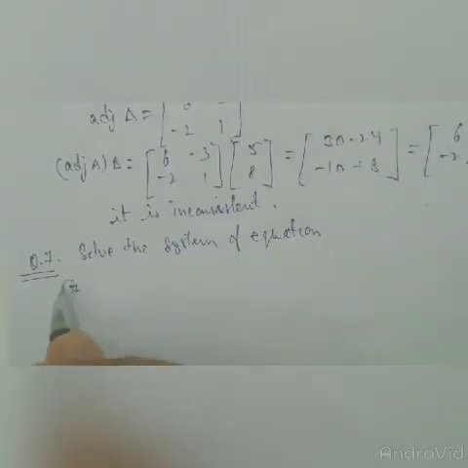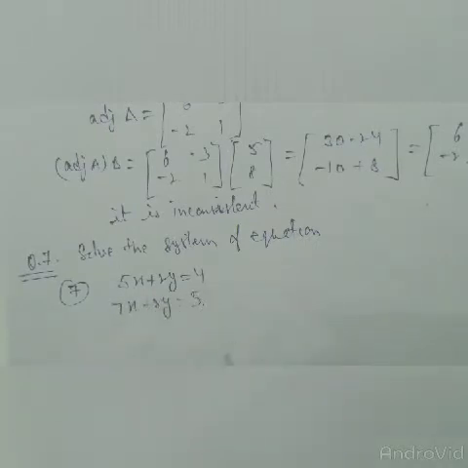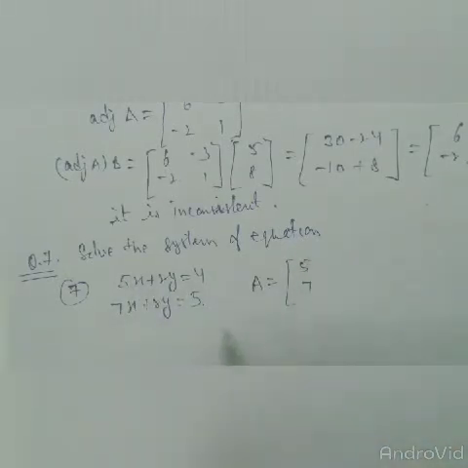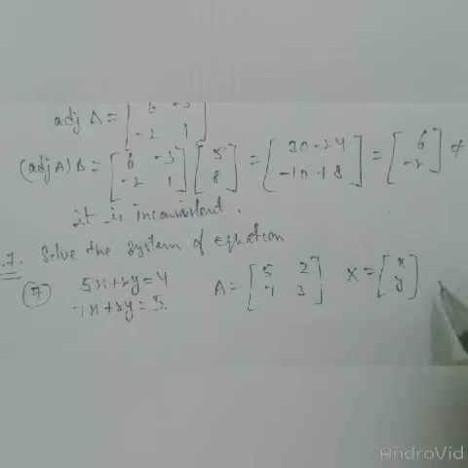The first, 7th question: 5x plus 2y is equal to 4, 7x plus 3y is equal to 5. So first of all, A is the coefficients of x, 5, 7, and 2, 3. X is x, y, and B is the right hand side, 4, 5.